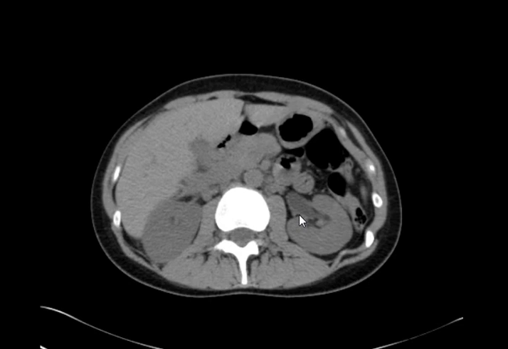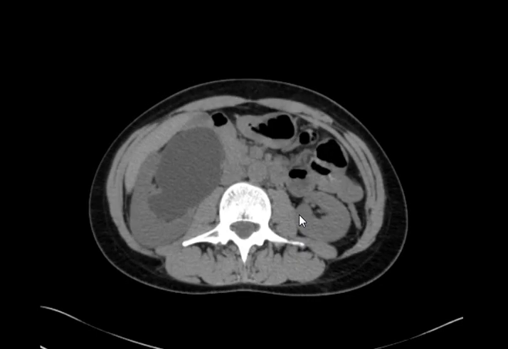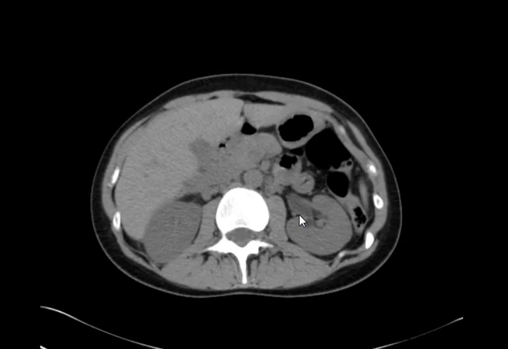And it could be an extrarenal pelvis, but it will not be this big. Since we have PUJ stenosis on one side, think always that congenital anomalies don't happen once.